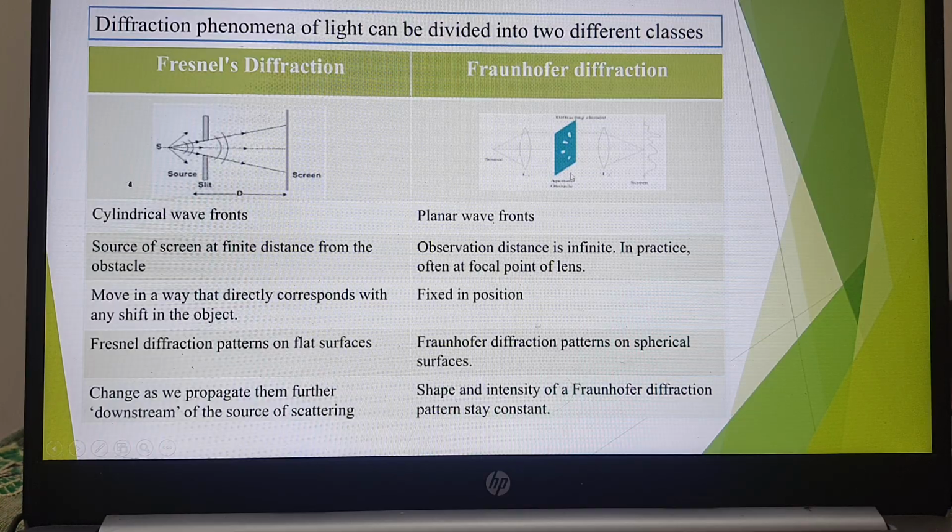In Fraunhofer diffraction, the pattern is on a spherical surface, and the shape and intensity of the Fraunhofer diffraction pattern are constant. So this is the major difference between Fresnel diffraction and Fraunhofer diffraction. I hope you all get the point.